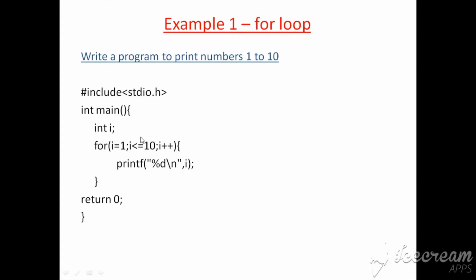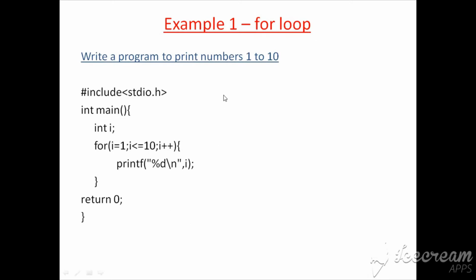This time it prints 3, and then 4, then 5. In this way it prints up to 10, and after printing 10 the value of i is incremented by 1 and gets to 11. So at this time it does not satisfy this condition, that is i is less than or equal to 10. So it comes out of this loop, and the looping function is closed now. Okay, and we get our result 1 to 10.